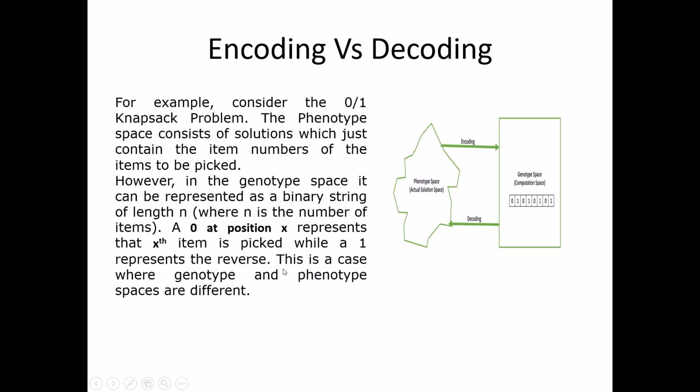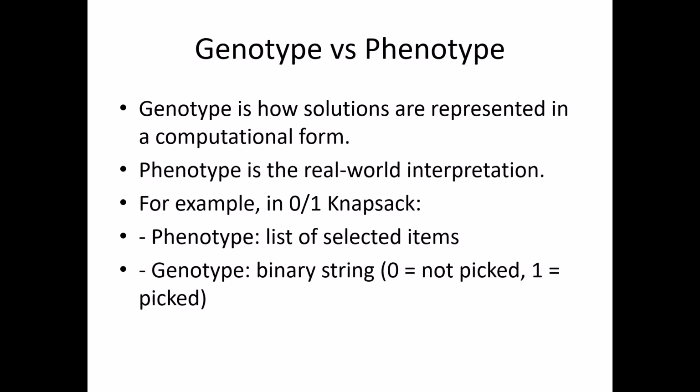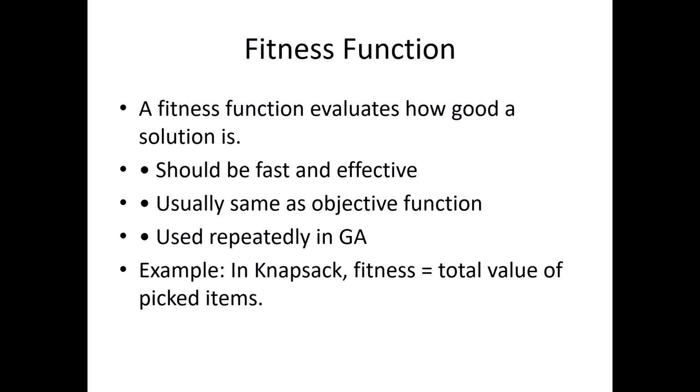This is the case where genotype and phenotype spaces are different. Genotype is how solutions are represented in a computational form, and phenotype is the real world interpretation. For example, in the knapsack problem, the phenotype is the list of selected items, and the genotype is the binary string, where 0 means not picked and 1 means picked.